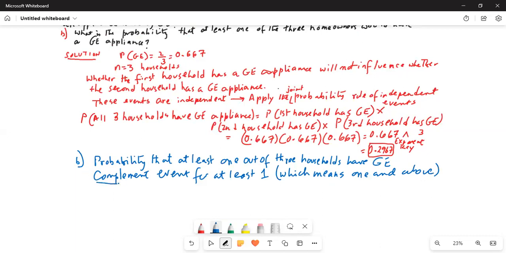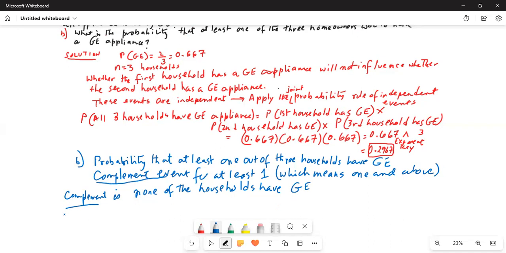Complement event is none of the households have GE. At least one has GE. And so the complement event is none of the households have GE.